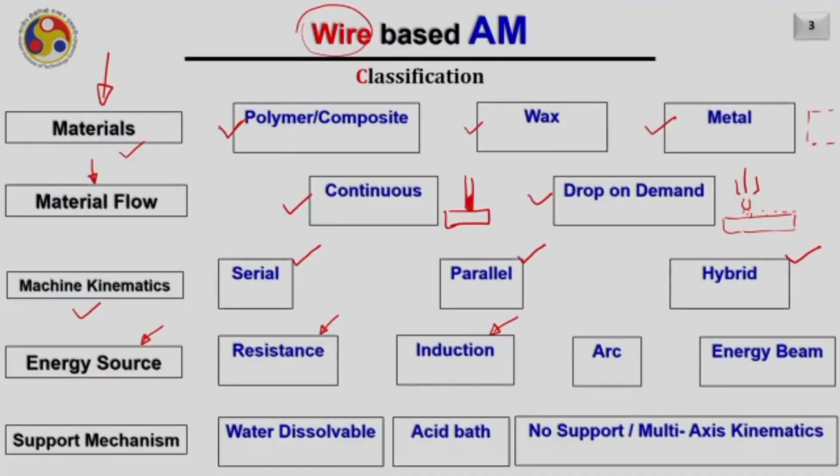Also, we can see the analogy of welding, where an arc is used to melt the wire. Either the arc is generated by a consumable electrode or the arc is generated by a non-consumable electrode and wire is fed into it. So, arc can be one very good medium of the energy source to melt the wire.